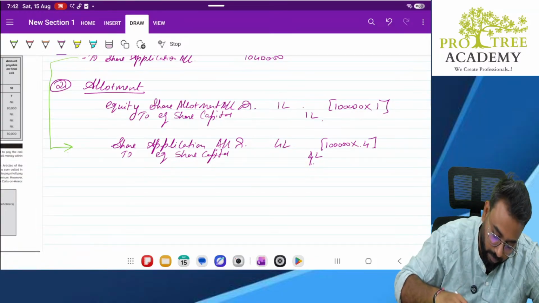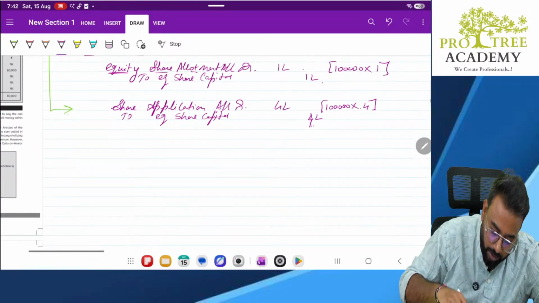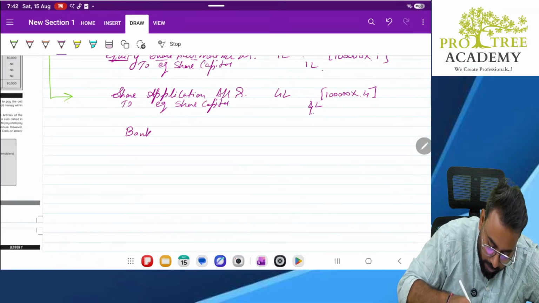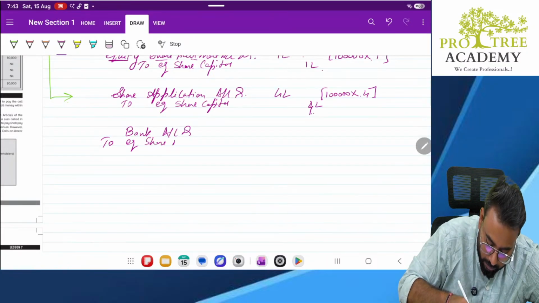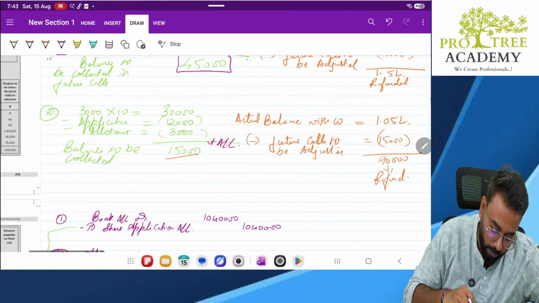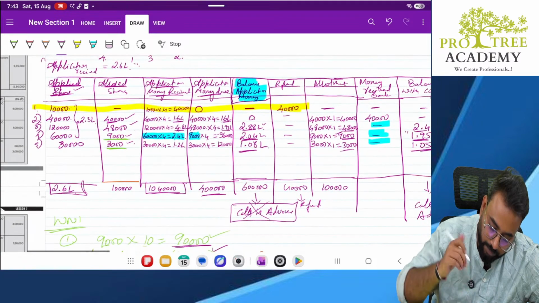Okay? Next. This equity share allotment has to be received in bank account? Correct, sir. It has to be received in bank account. Bank account debit to equity share allotment account. Okay? Yes, sir. Now, have you received any money on allotment? Check here.